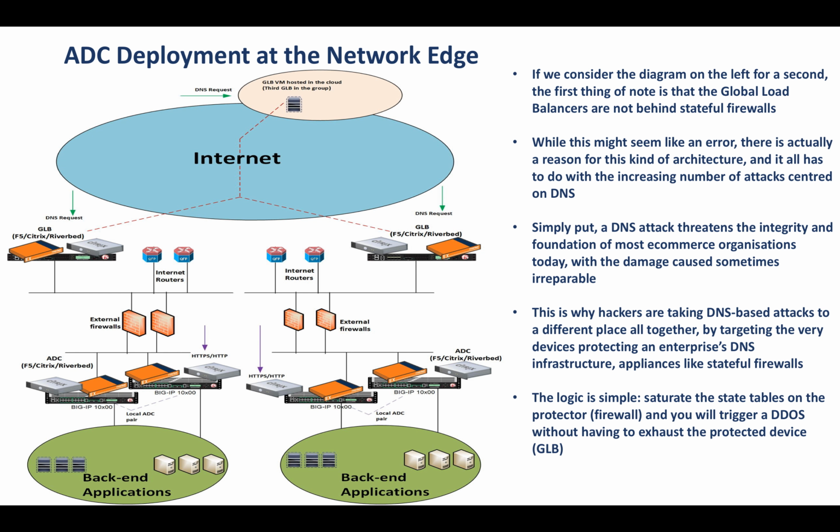Okay. Now the internet routers here are deployed as an isolated pair. So 2 isolated pairs. You've got an isolated pair in data center 1 and an isolated pair in data center 2. Okay.